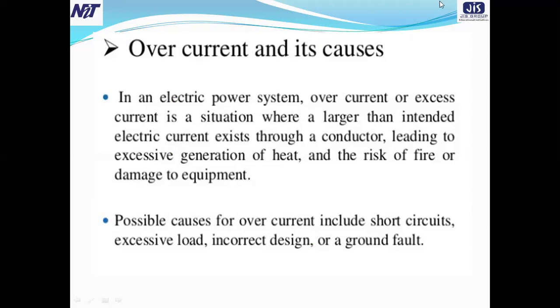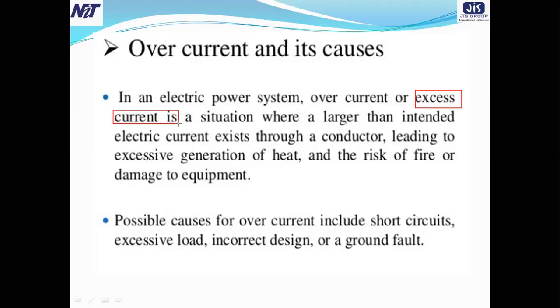The important part you have to remember is that overcurrent is the excess current, a situation where a larger than intended electric current exists through a conductor.